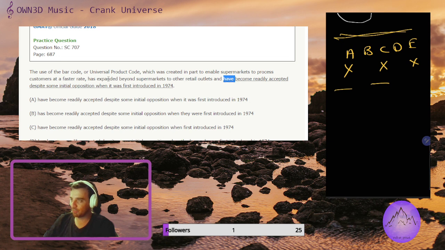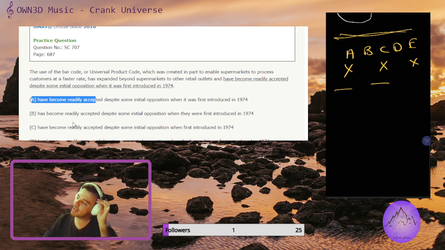It's talking about the use of the barcode, and the use of the barcode is singular. It's not a plural thing. It's one thing, the use. So the use has expanded and has become readily accepted. So yeah, A and C were out straight away. The next thing I ruled out was E.